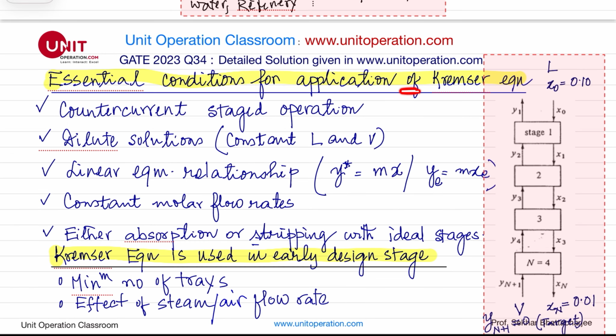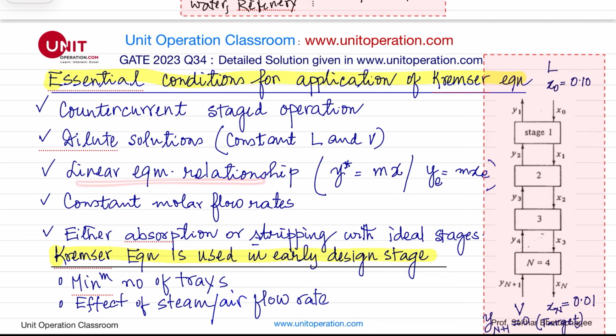For application of the Kremser equation, which we have used to find the solution of our problem, the following conditions must be satisfied. Number one, countercurrent staged operation, just like this, with liquid and vapor coming in from opposite directions. It has to be a dilute solution, so that we have constant L and V, constant molar flow rates of the liquid and the vapor.